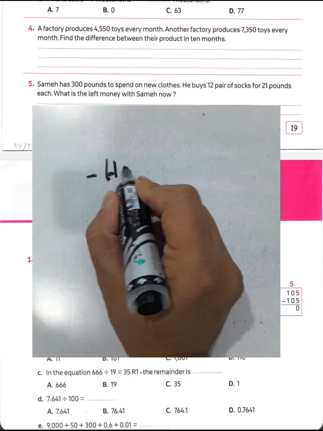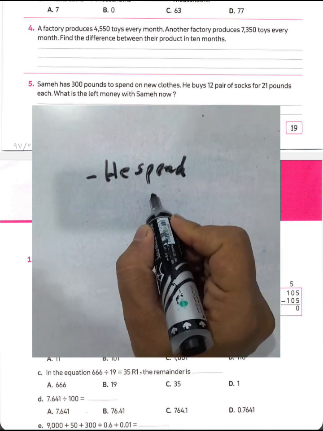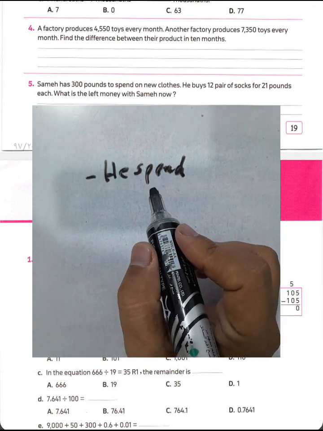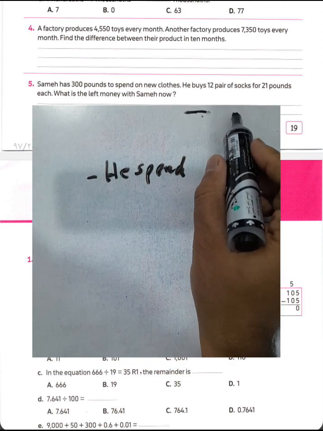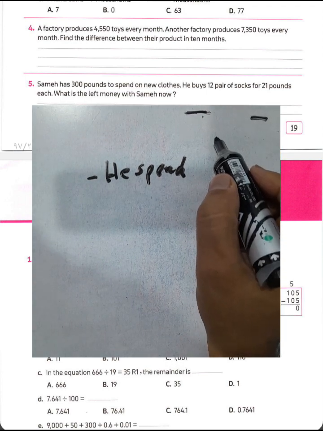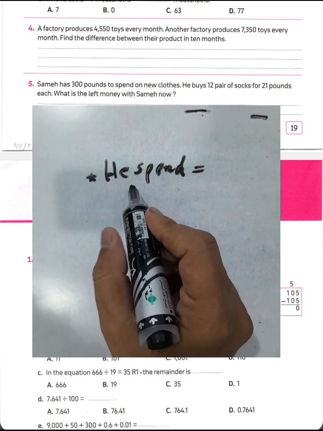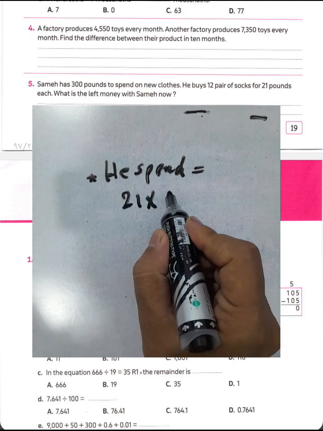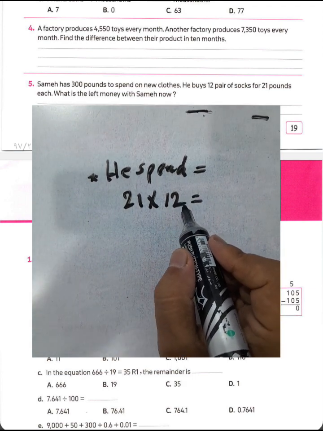So in the first step, we can find what he spent. In this example, he tells me he spent 12 pairs of socks for 21 pounds each. We can find the total. I will write he spent equals 21 times 12. We can find the multiplication between them to find what he spent.